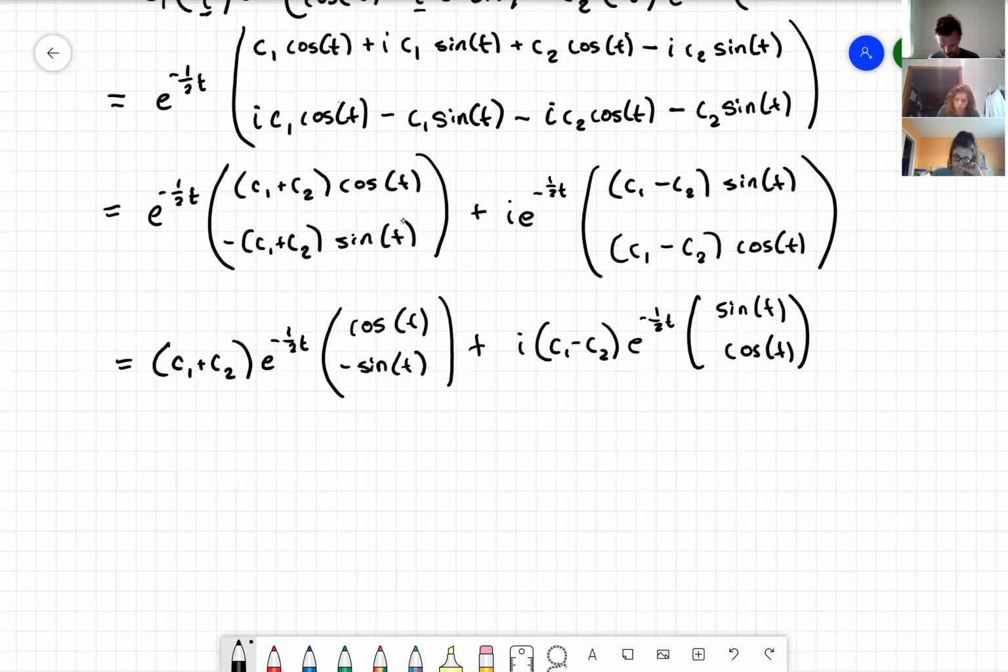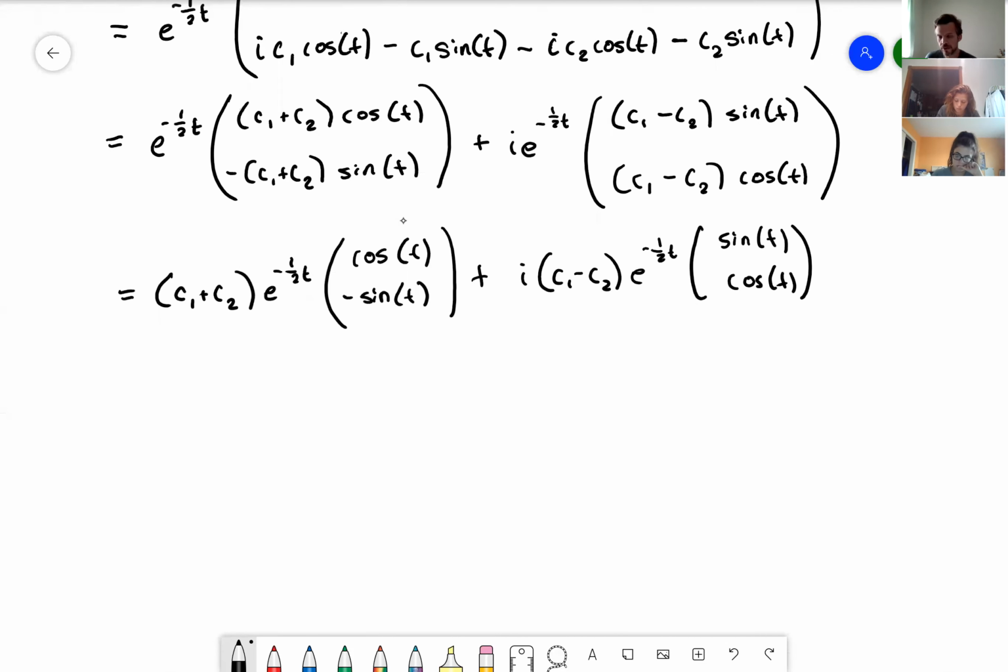Okay. So I want situations where I'll get a completely real solution. One possibility is if I make c1 equal to c2, and this part right here becomes 0.